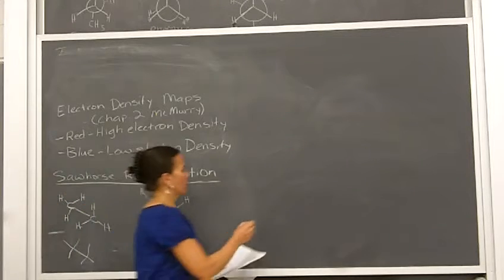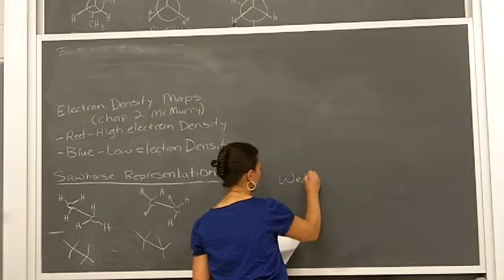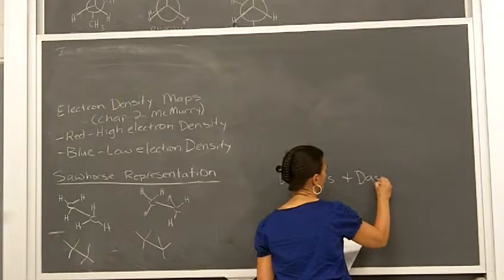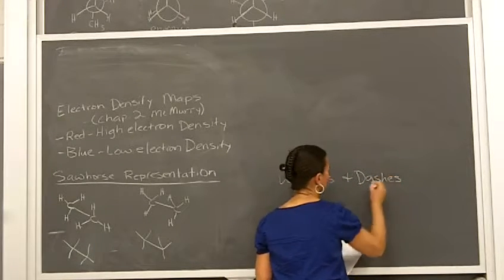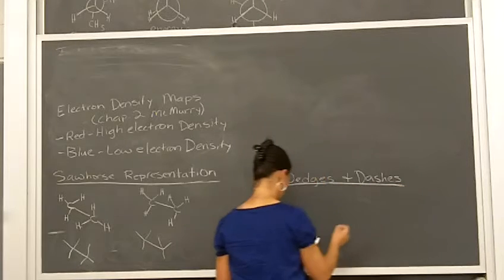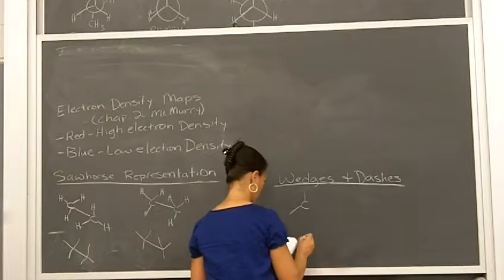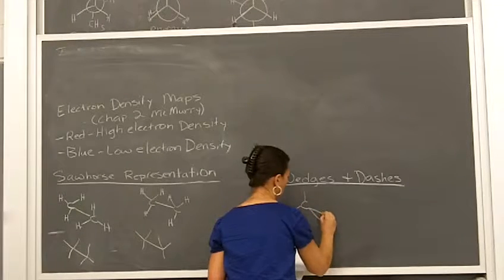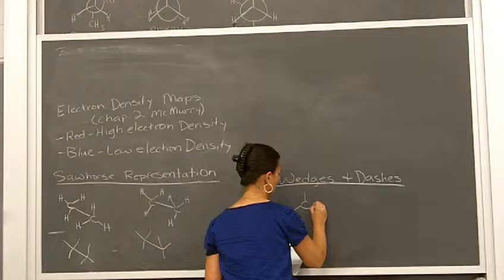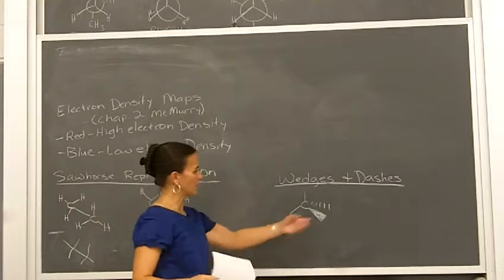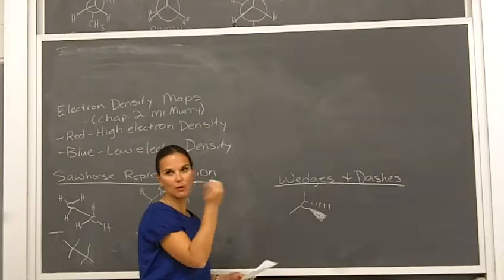Another thing to be familiar with is using wedges and dashes. So the wedges are what's coming out of the paper or out of the board.